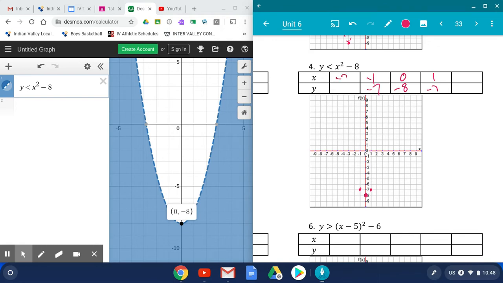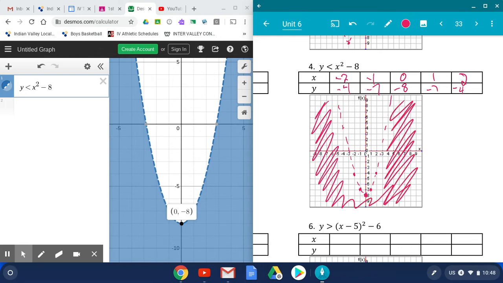Sorry, I mean 2, -4. There. Again, this graph is dotted, and it's shaded on the outside. And that's all I have to do: recreate the graph that Desmos draws for me.